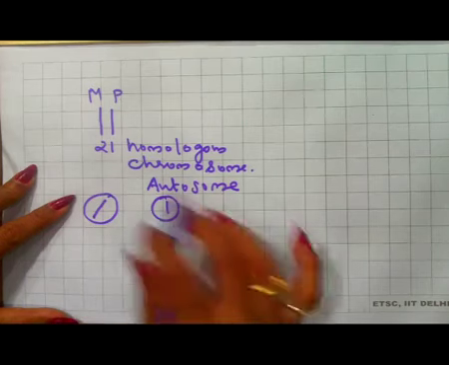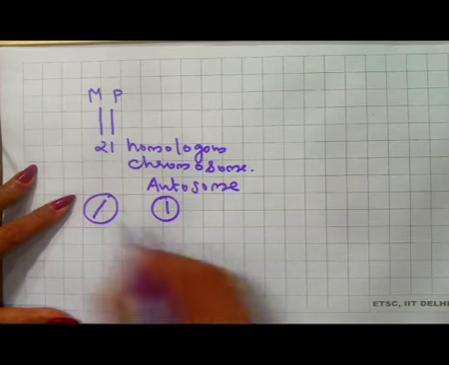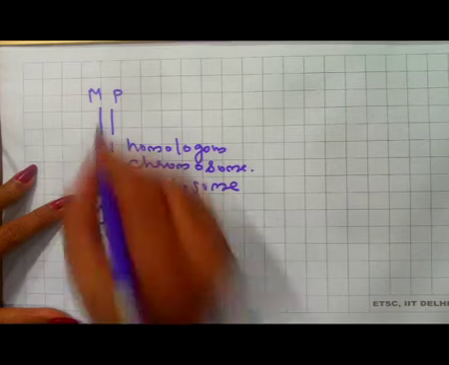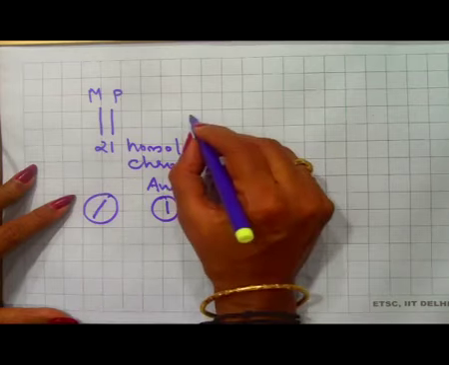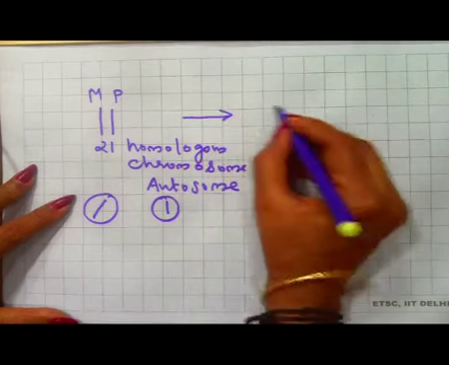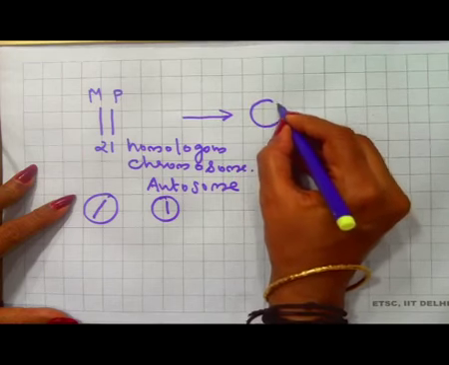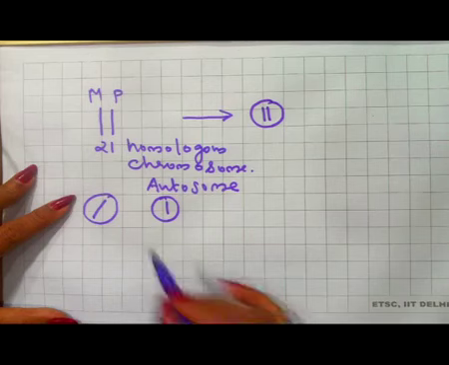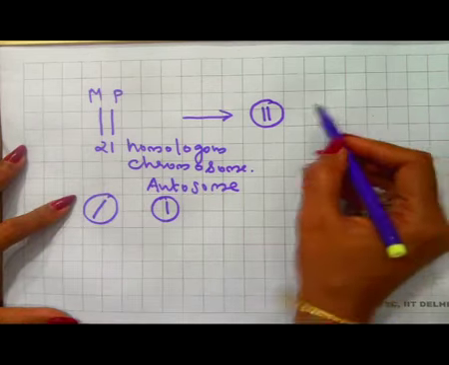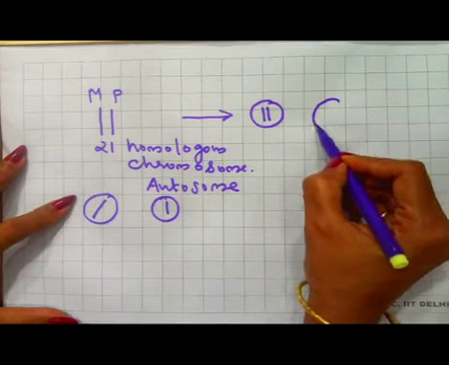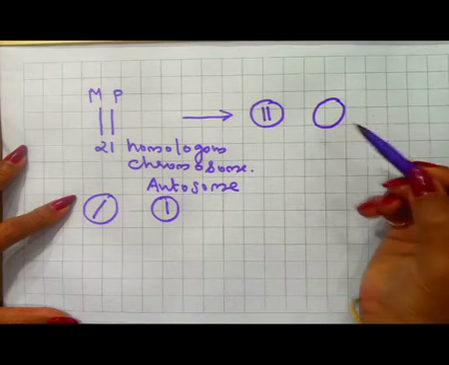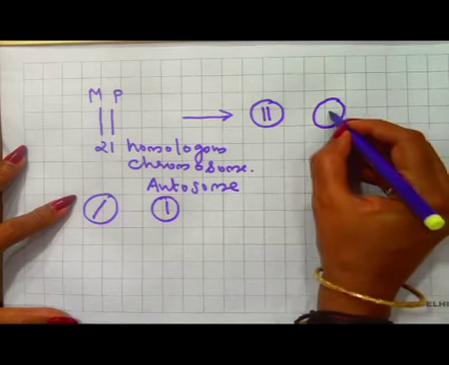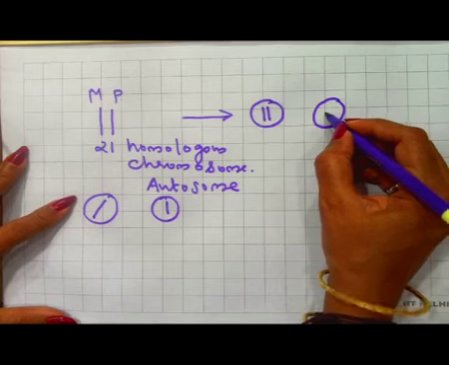But here, these 2 chromosomes are moving to one particular gamete itself. So, the other gamete is without the 21st chromosome.